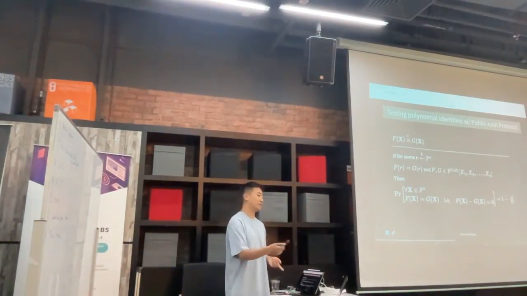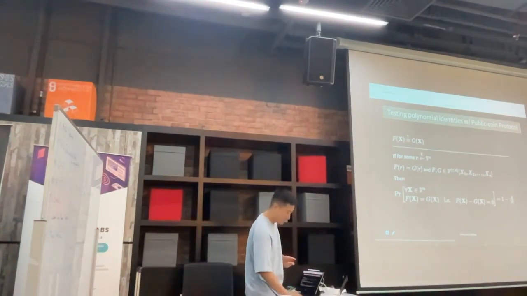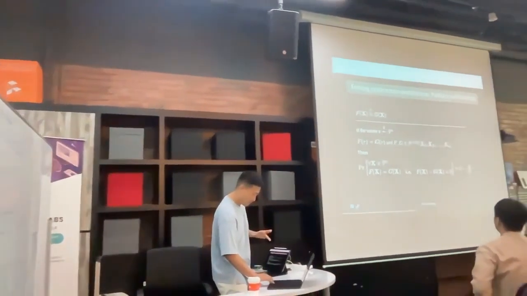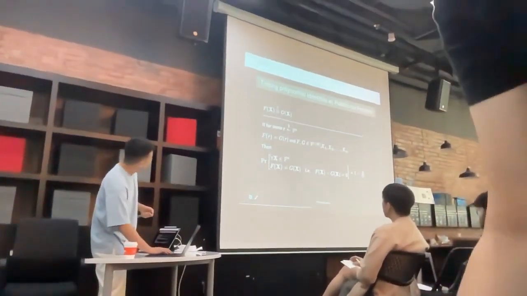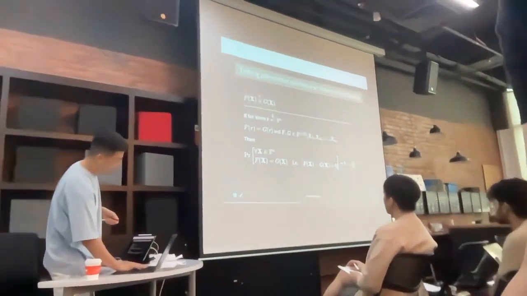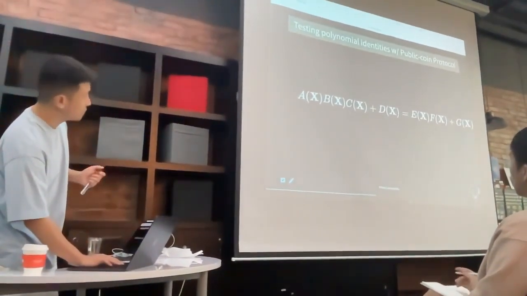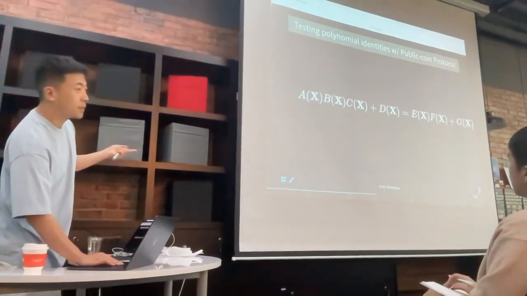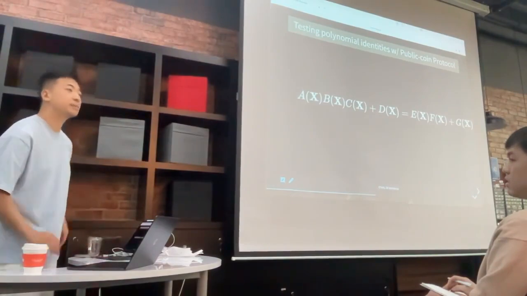Batch, you mean the batch evaluation? Yeah, we definitely can do that too. Actually, we have that in the following slide. And definitely we can examine much more complex relations of polynomials too.